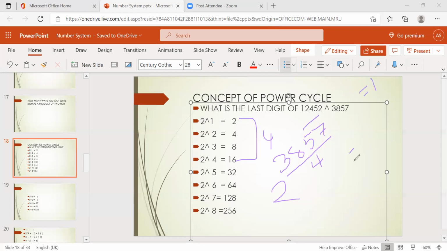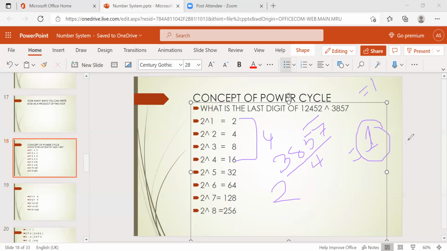So the remainder will be 1. No need to divide everything; you can calculate the remainder easily. That is the advantage of 4. So 56 is exactly divisible, 57 is there, meaning 1 is the remainder.